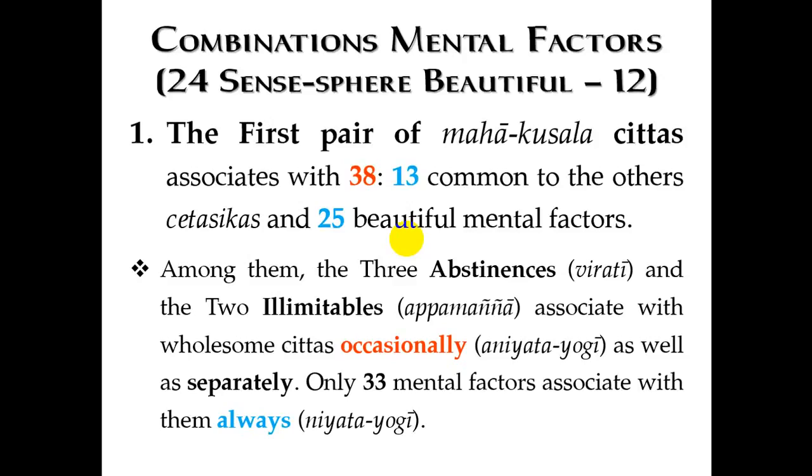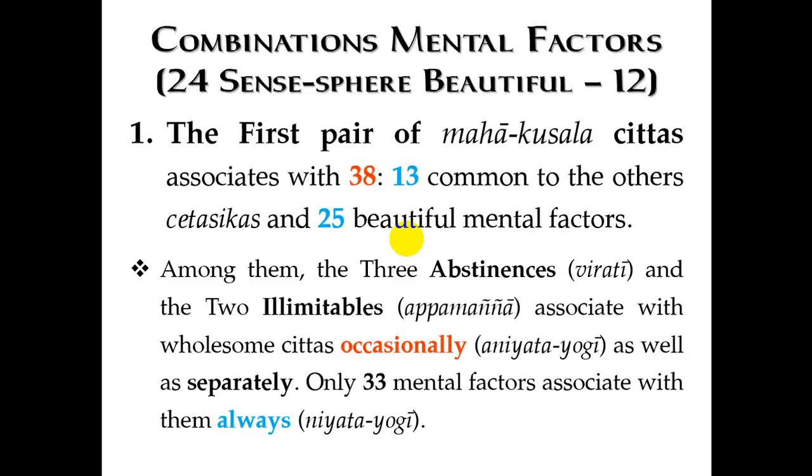Actually, we have learned that one. Only when you refrain from an unwholesome deed do the 3 abstinences arise. At other times, when you are learning, you are not refraining from unwholesome deeds, but in your mind you are accumulating wholesome deeds. At this time, there are no 3 abstinences.